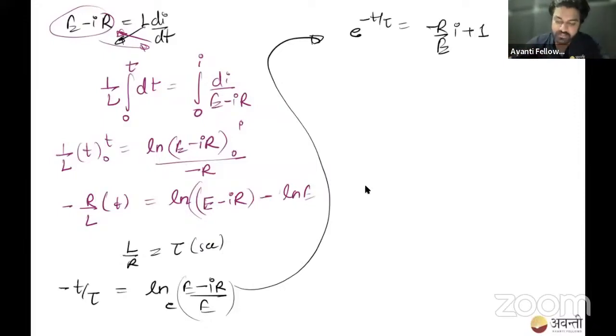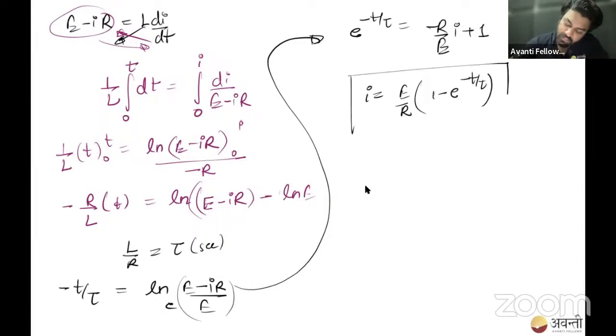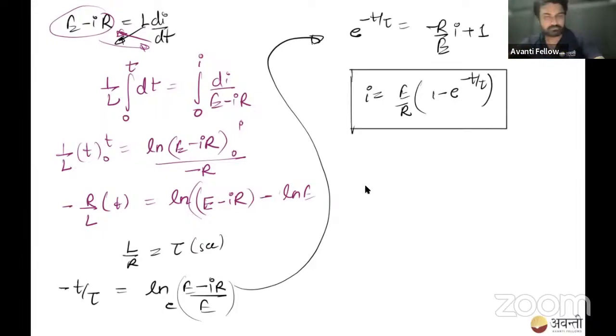If I resolve it, I'm writing directly, I will get E by R common, 1 minus e to the power minus t by tau. This formula you have directly seen in your books, I think. This is the basic derivation. Derivation is not required, but just for knowledge, I told you.